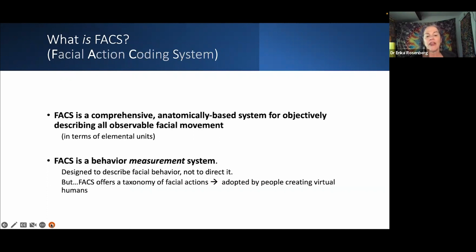But key to remembering that is that FACS is a behavioral measurement system. It is designed to decode faces, not to direct them. But because FACS offers a taxonomy of facial actions, somewhere along the line, some clever person realized it could be adopted by people who are creating virtual humans to offer very anatomically specific directions for guiding facial movement.